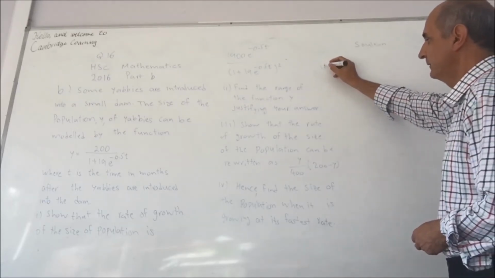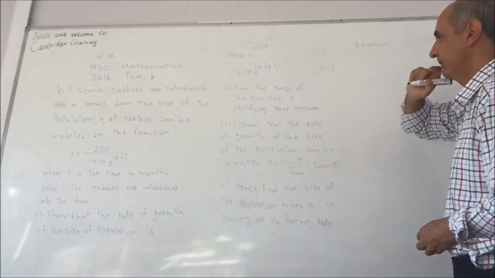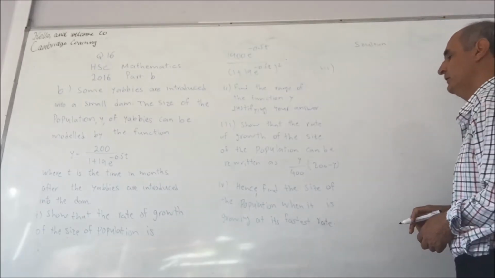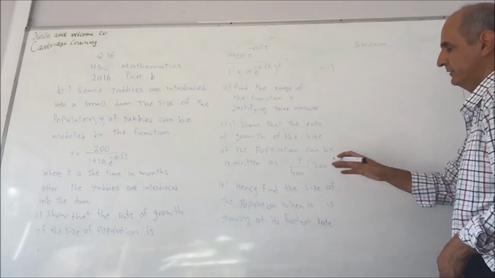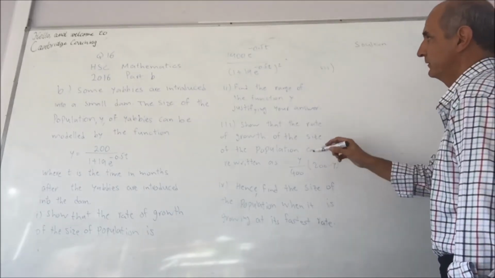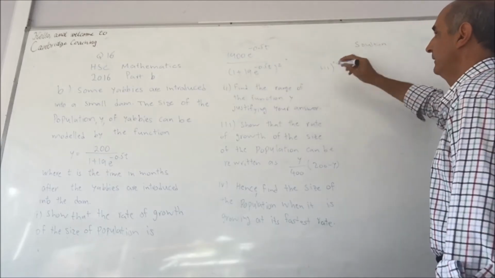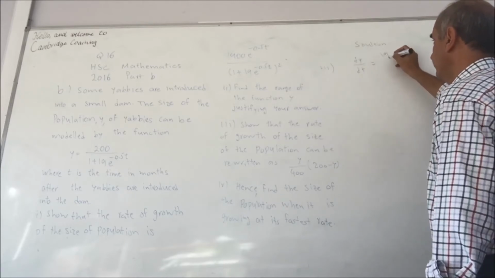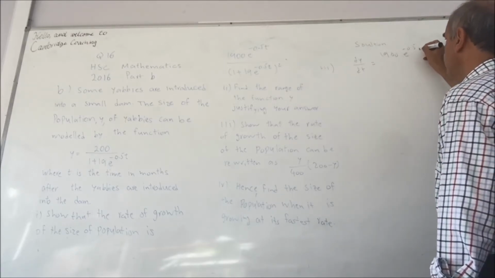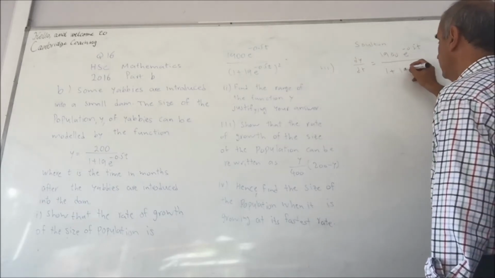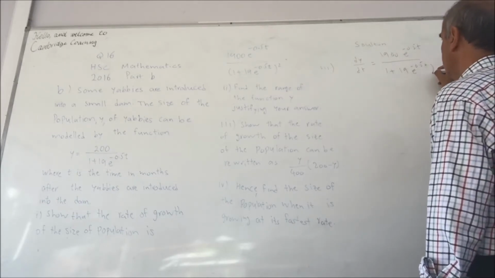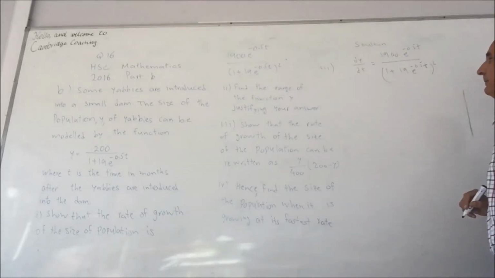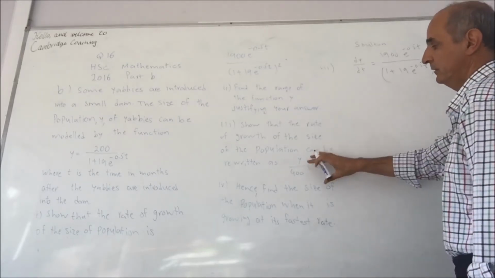Part 3, show that the rate of growth of the size of the population can be rewritten as this value. So we got to show that the rate, which in the previous part we proved is equal to this expression, can be rewritten in this form.